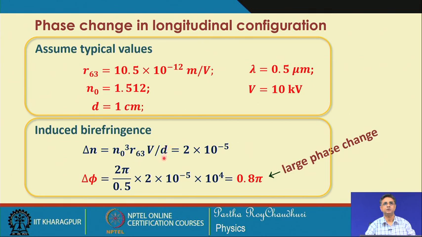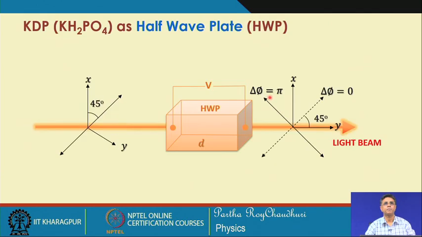So, this phase shift will be equal to 0.8 pi, which is a very large phase shift. If you increase the voltage by some more amount, you can reach almost pi. So, this phase shift is very large, but it also requires a very large voltage, 10 kilovolt.